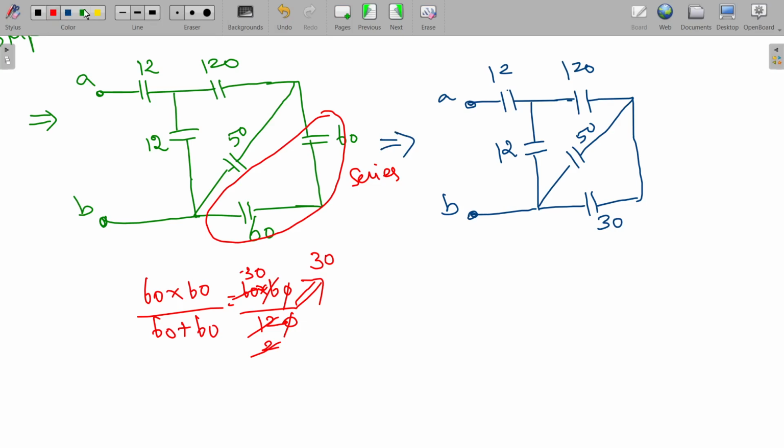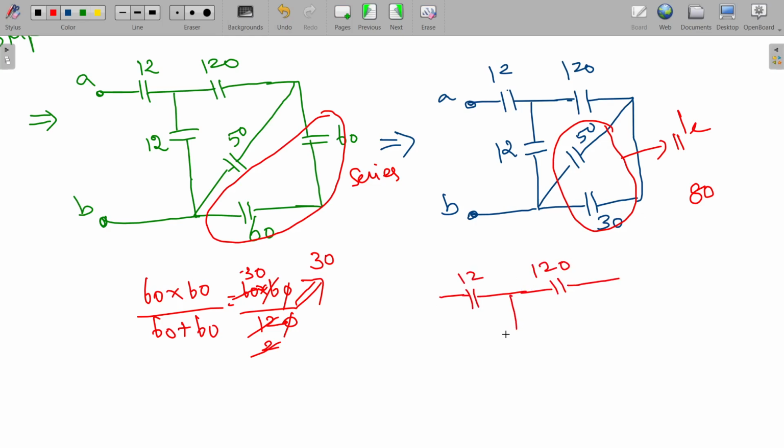Now you can see that these two are in parallel, right? So when they are in parallel, just add them together, so it becomes 80 microfarad. Okay, so we can redraw the circuit like this: 12, and then 120, then here again 12, then you can put this here as 80.